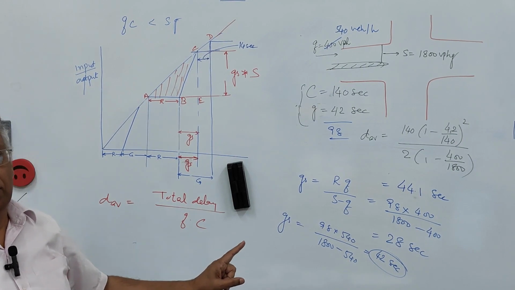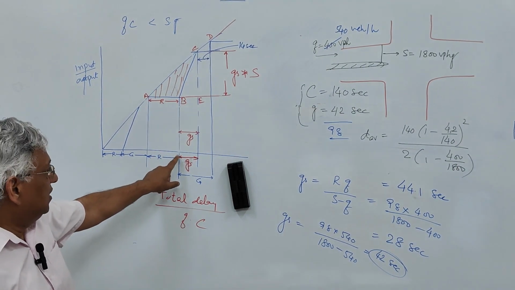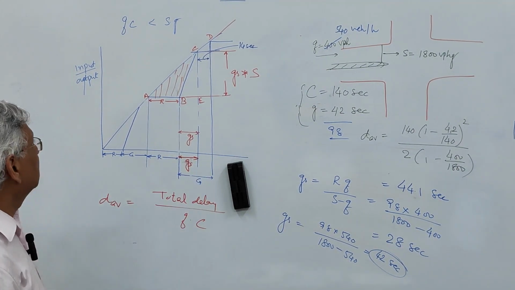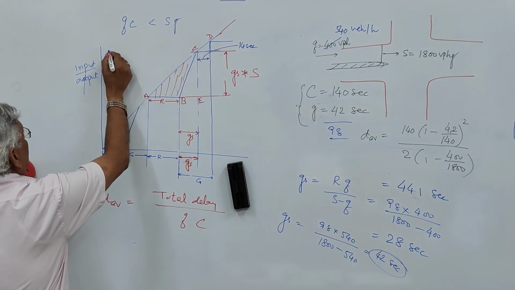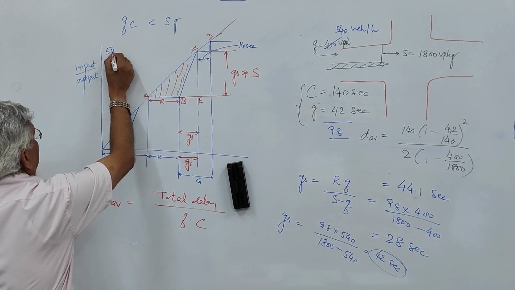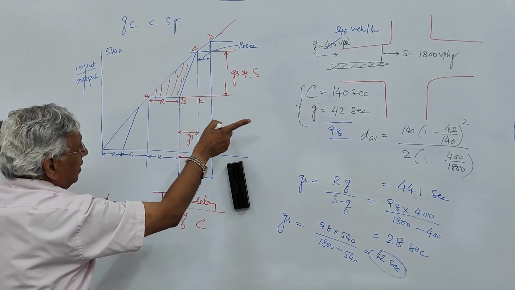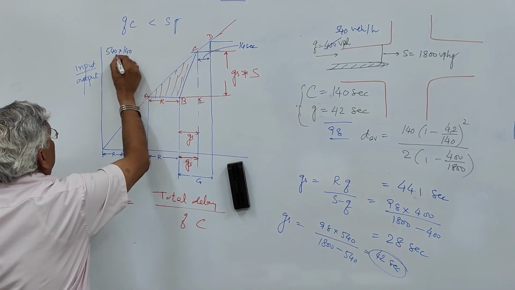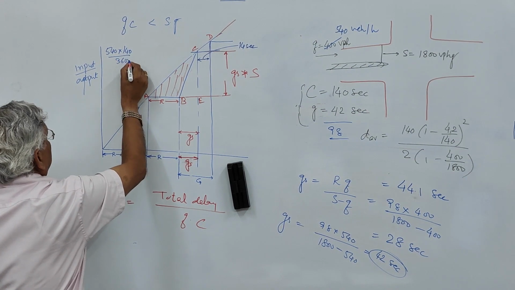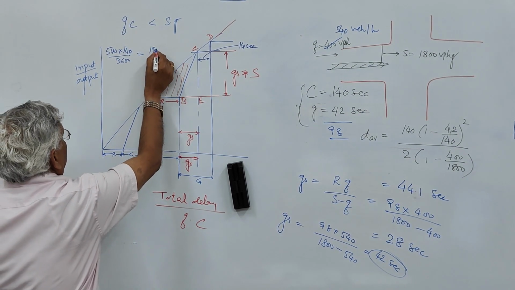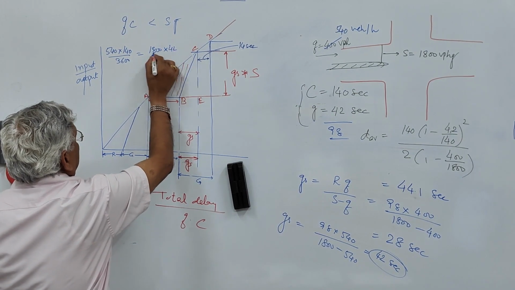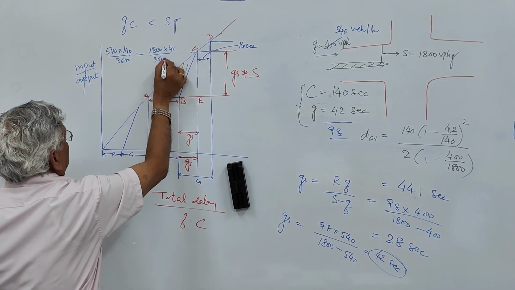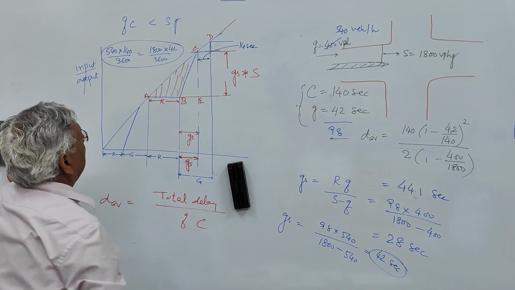Completely saturated now. The entire green is saturated. So that is the case when Q into C, that is 540 into cycle length 140 divided by 3600, is equal to S into G, that is 1800 multiplied by 42 upon 3600. They are now equal.